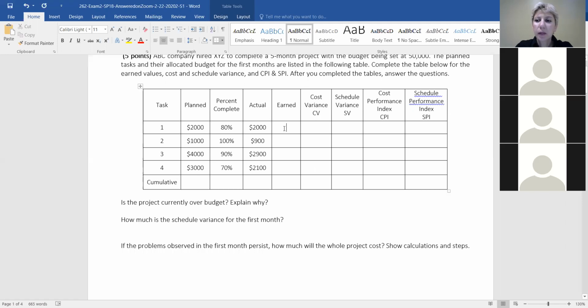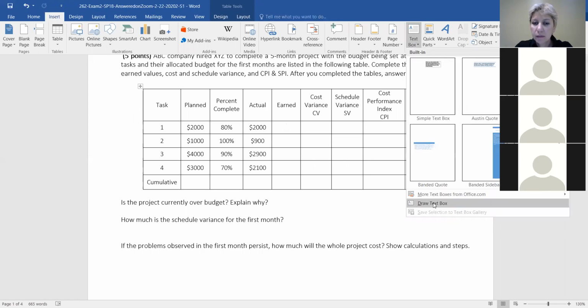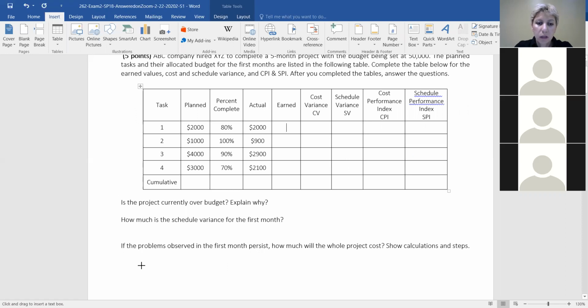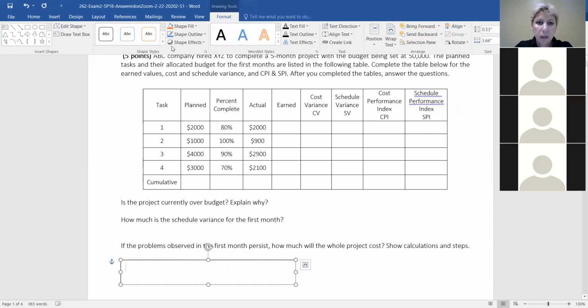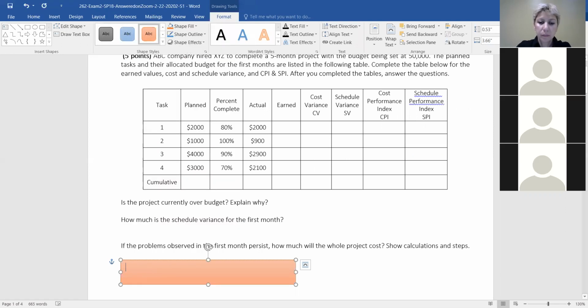So who wants to start by calculating earned value? If you remember last time, we created an orange box and we would write everything in the orange box. So earned value, the first thing is your planned value times percentage complete.